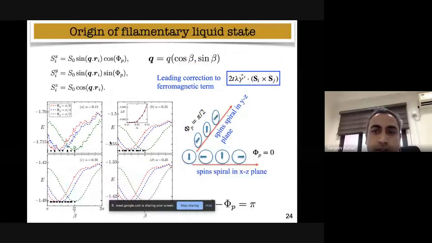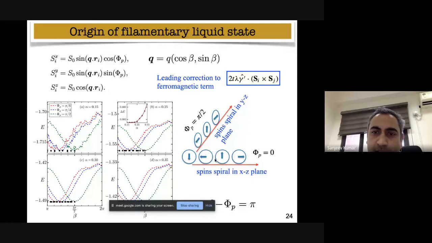So the explanation for this was that we have a degeneracy of states where the spin spiraling in the XZ plane and the spin spiraling in the YZ plane can have the same energy if there is simultaneously a change in their Q vector.